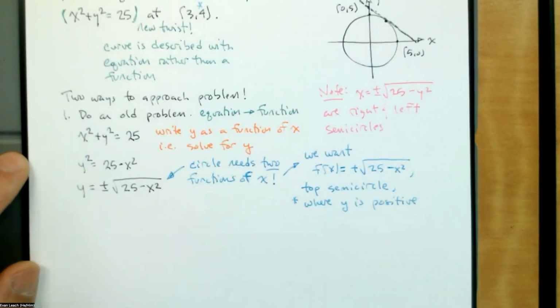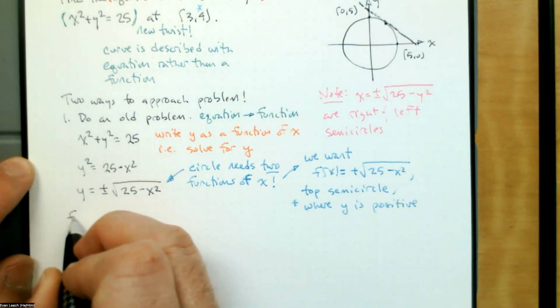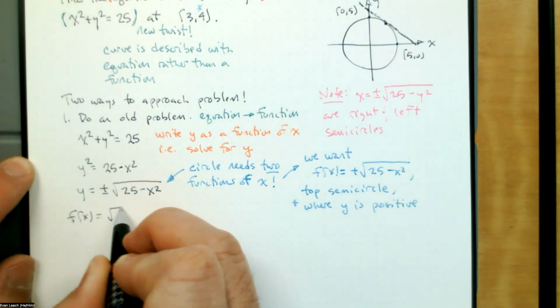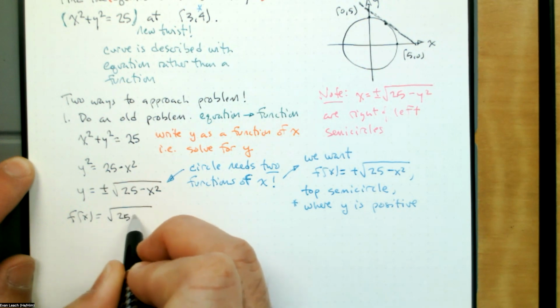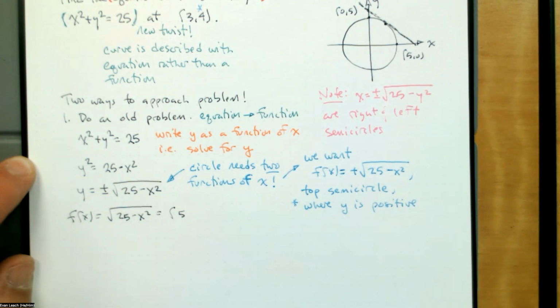So I've got my equation for the top half of the semicircle. I don't care what's going on in the bottom half. F of x is the square root of 25 minus x squared. We're super experts at taking derivatives.